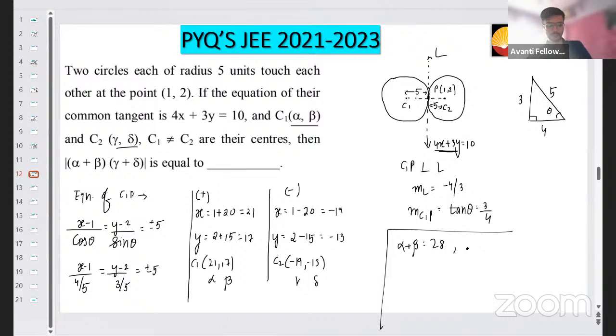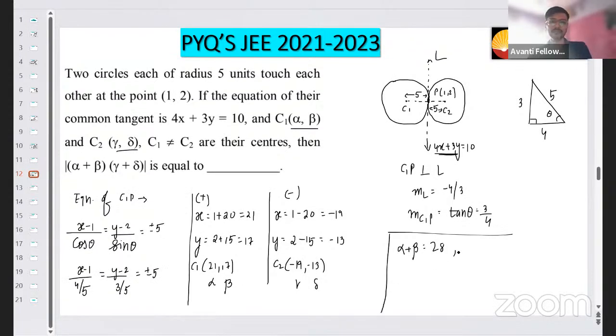What is gamma plus delta? Gamma plus delta will be 19, 29 minus 32. So if I multiply both, 28 into 32, 16, 25.